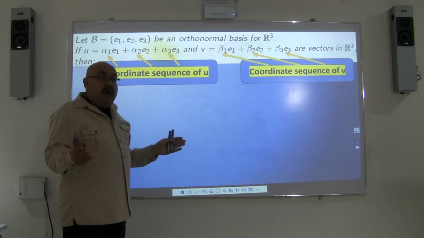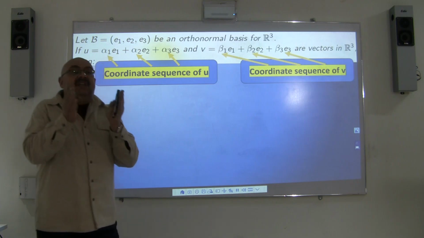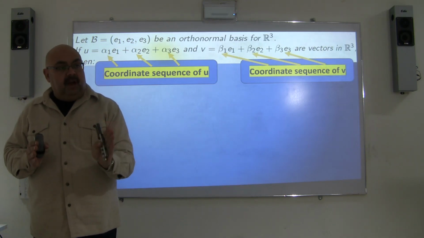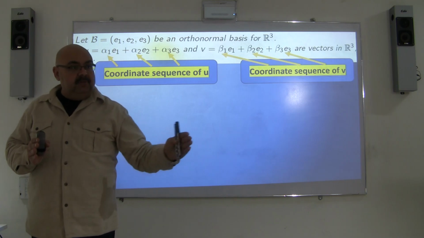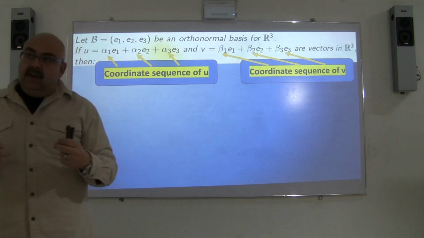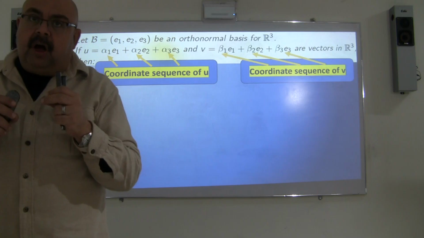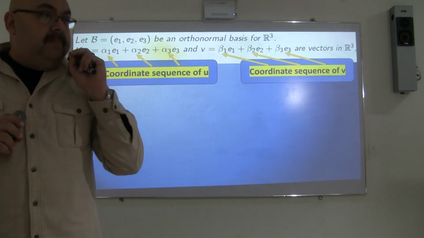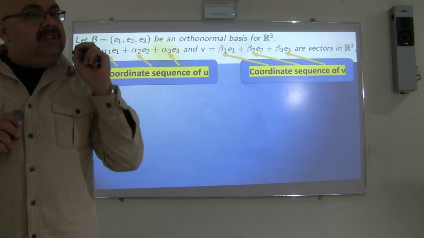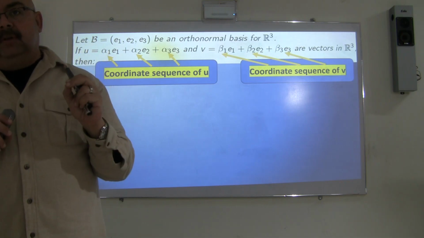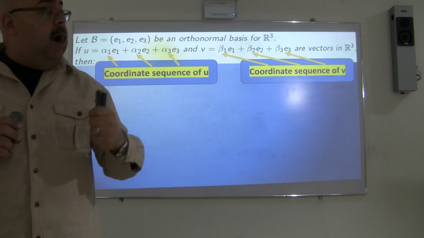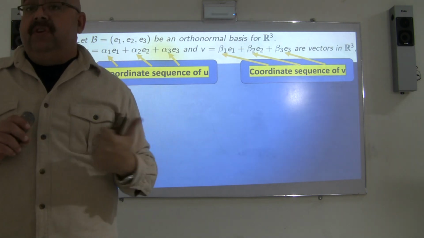If I multiply u by v, it's exactly like multiplying alpha 1 times beta 1, alpha 2 times beta 2, alpha 3 times beta 3, because simply the components of the vector are the coordinates of the vector. Please, don't skip any piece of information. I need it all to be in your mind. I'm not saying something new here.